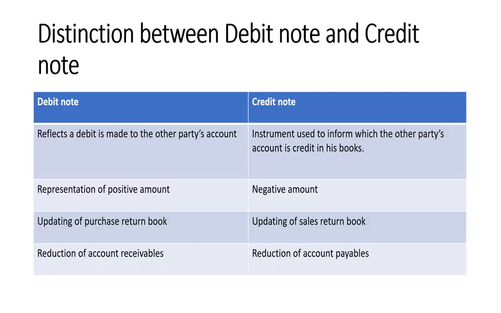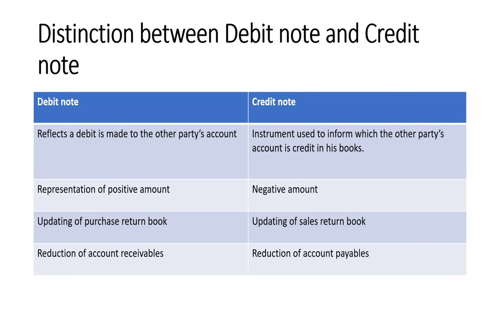Now let's make a distinction between the debit note and the credit note. Of course, a debit note is a document which reflects that a debit is made to the party's account, whereas a credit note is an instrument used to inform that the other party's account is credited in his books. A debit note is a representation of a positive amount, whereas a credit note is a representation of a negative amount.